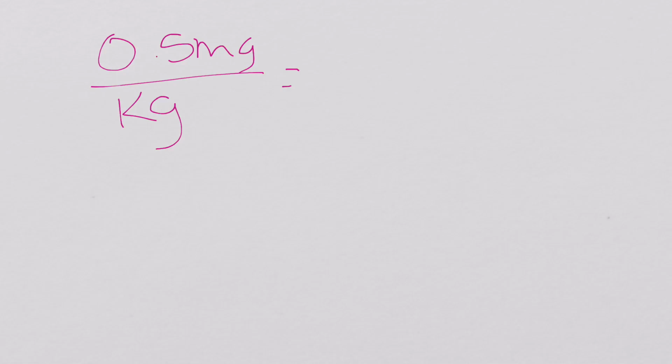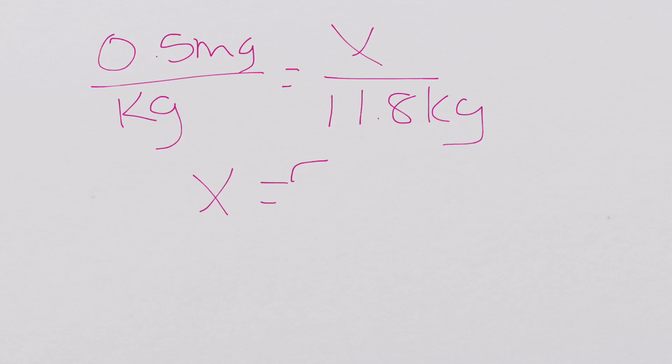And our patient weighs 11.8 kilograms. So we would do 11.8 times 0.5, and divide it by 1, so X would give you 5.9 milligrams is our minimum daily dose.